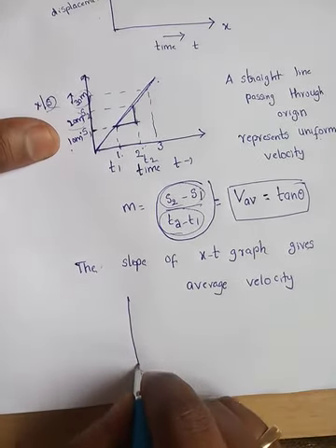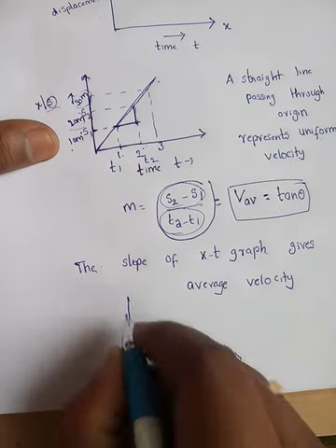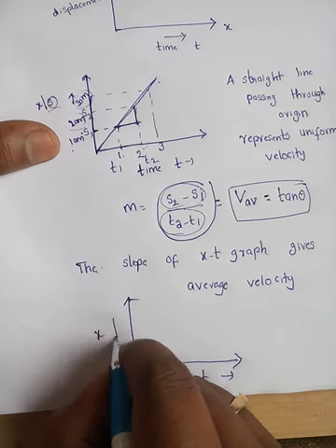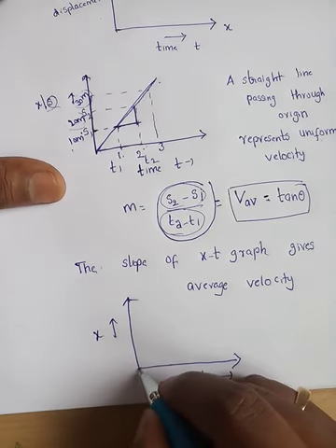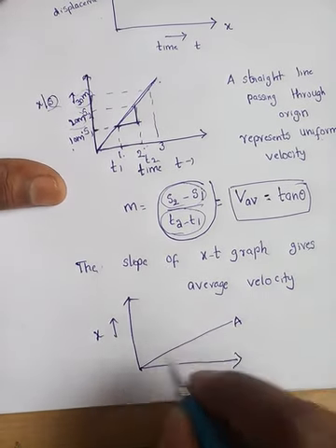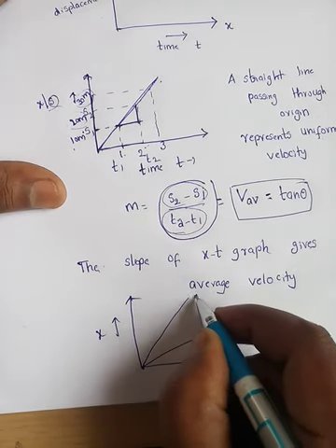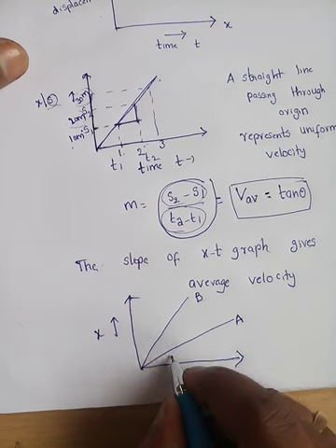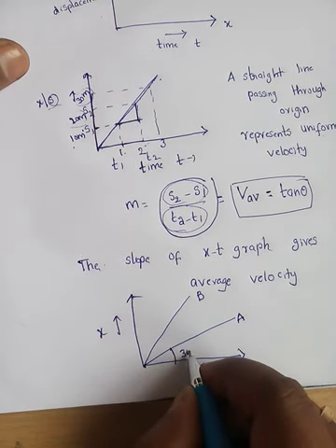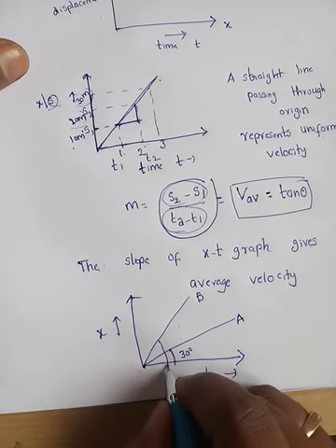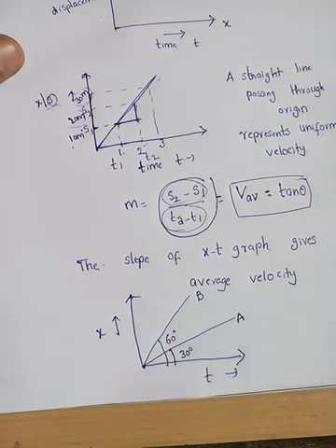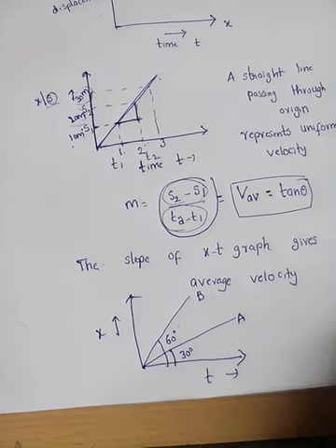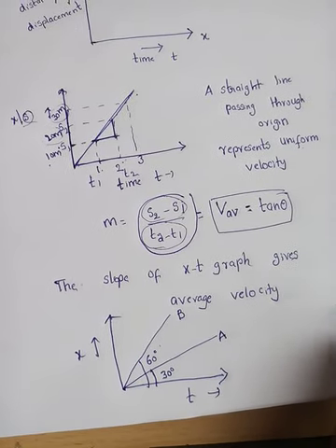For example, they have given a graph of two students, this is A and this is B. Both are moving with different velocities. A makes an angle of 30 degrees with respect to the x-axis. B makes an angle of 60 degrees with respect to the x-axis. So now the question is, who is moving faster, A or B?